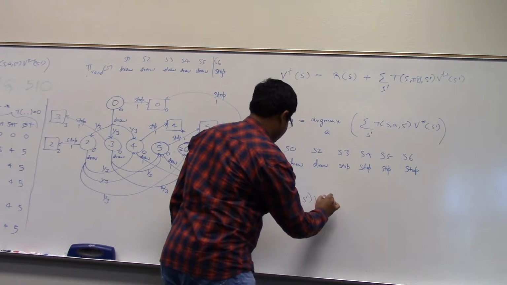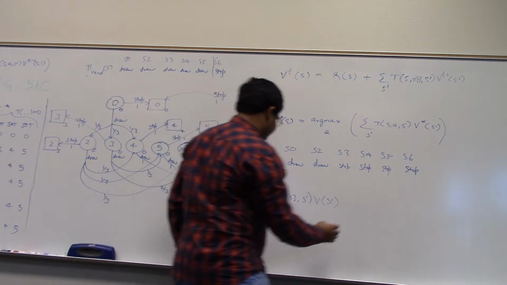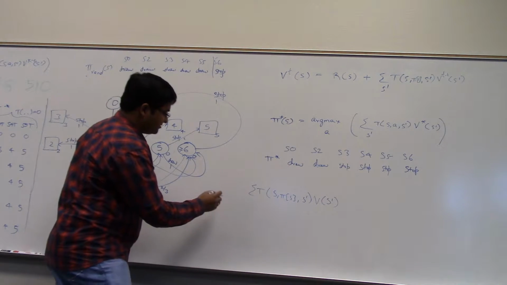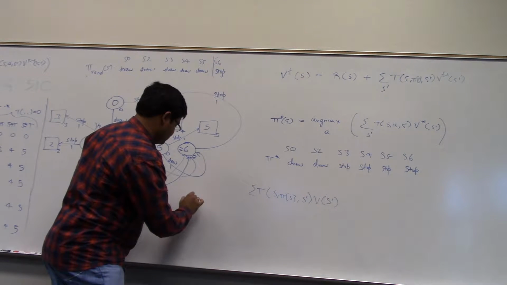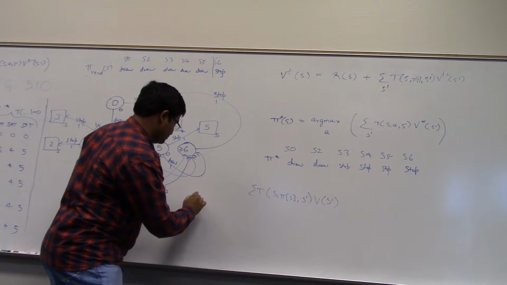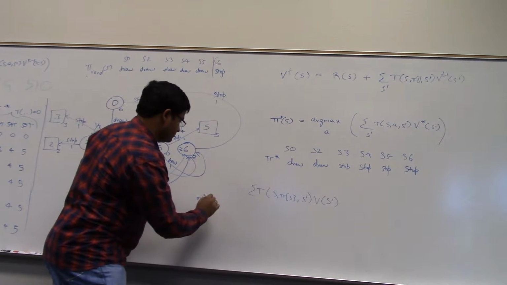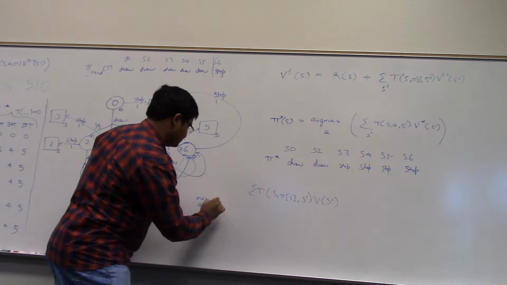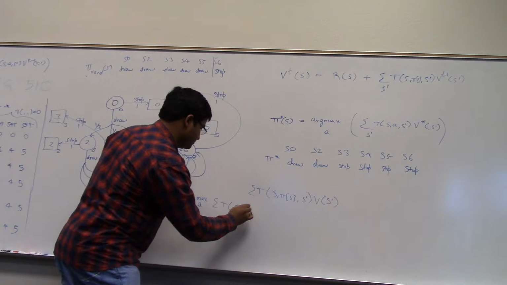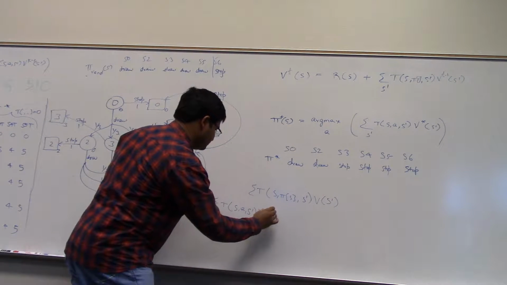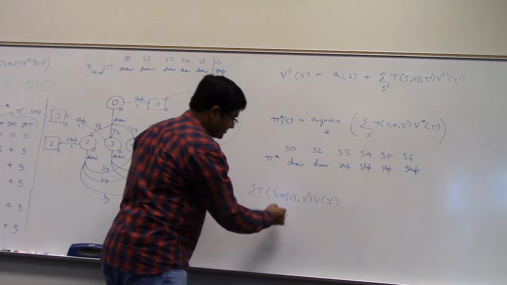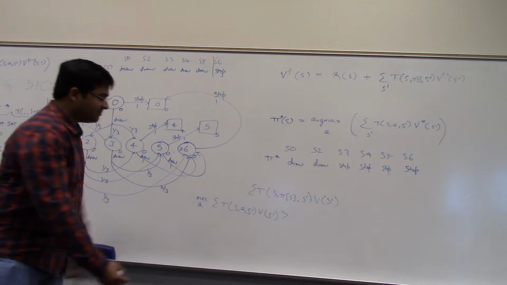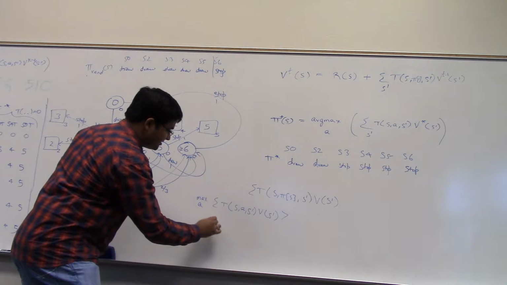We have, if there exists any action, so if this value is greater than or equal to greater than this value, then we basically update our pi with a. So we will say that pi s is now a.